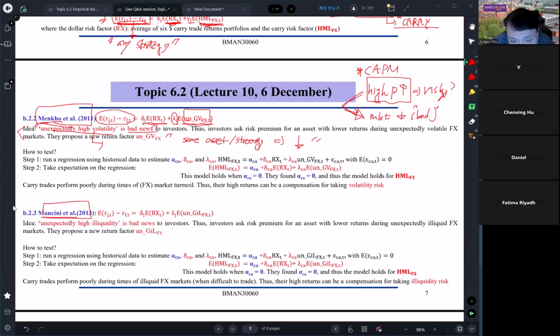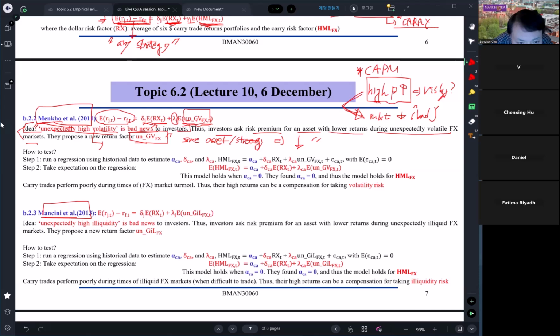If some asset or strategy gives you big negative return during this volatile period, you feel it's risky to hold that. So you're going to ask a premium before investing into that asset. So given this bad time story, investors ask a risk premium for an asset with low returns during unexpectedly volatile FX markets. And they said this is the important factor.